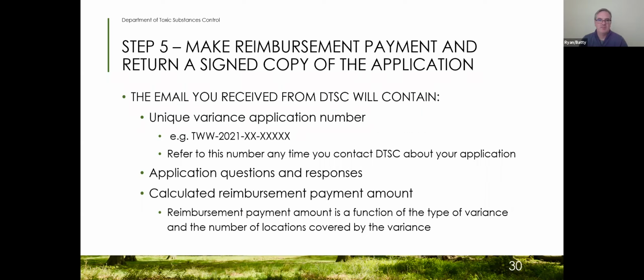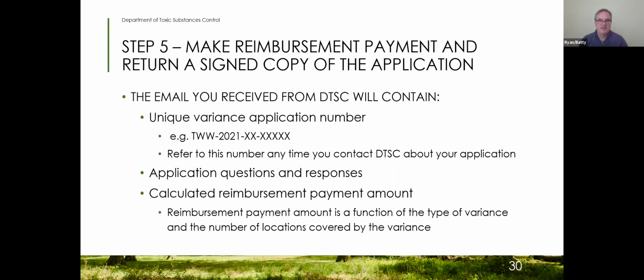First of all, it's going to provide you with a unique variance application number, and I provided a sample number there. It's going to be TWW-2021. The next 2 digits reflect what type of variance it is, so LG, for example, or another 2-digit code.